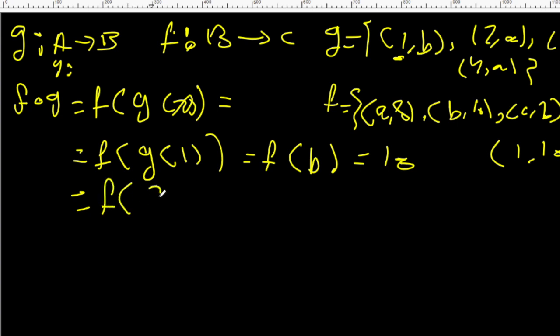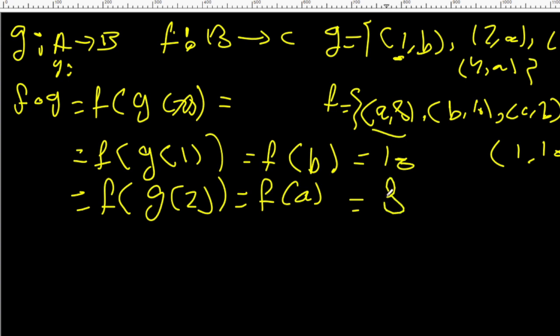Then I carry on and I said, what is f of the next x in G, which is G of 2? And G of 2 is A, so I want to find what's f of A. And f of A under the function f is 8. So this is the second pair, which is 2 and 8.